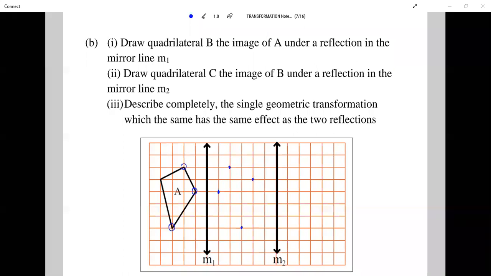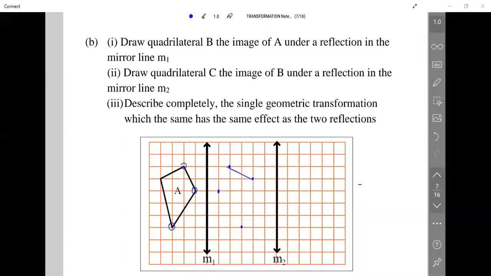Once I know the image of all 4 vertices, all I have to do is connect them using my ruler. The menu seems very small, but if you really just look for it, you will see where the menu does jump out at you. All right, so line them up, connect them properly.